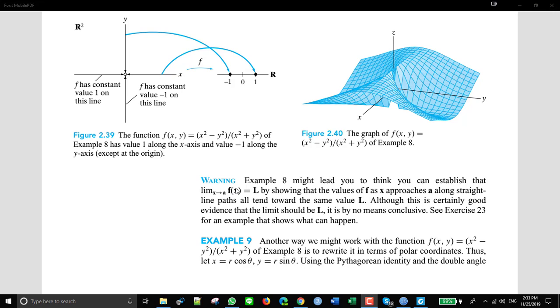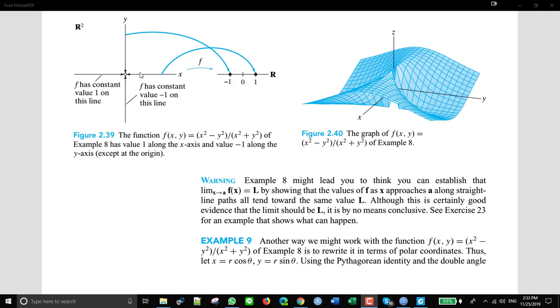Okay, then she gives us a warning. She says when we think about this example that we just did, it might lead you to think that we can establish what the limit is by showing that the values of f as x approaches a along straight line paths all tend towards the same value. That definitely didn't happen in the last example, but suppose you come in to the origin, or to some point a, and you consider all straight line paths, and they all go to the same number.